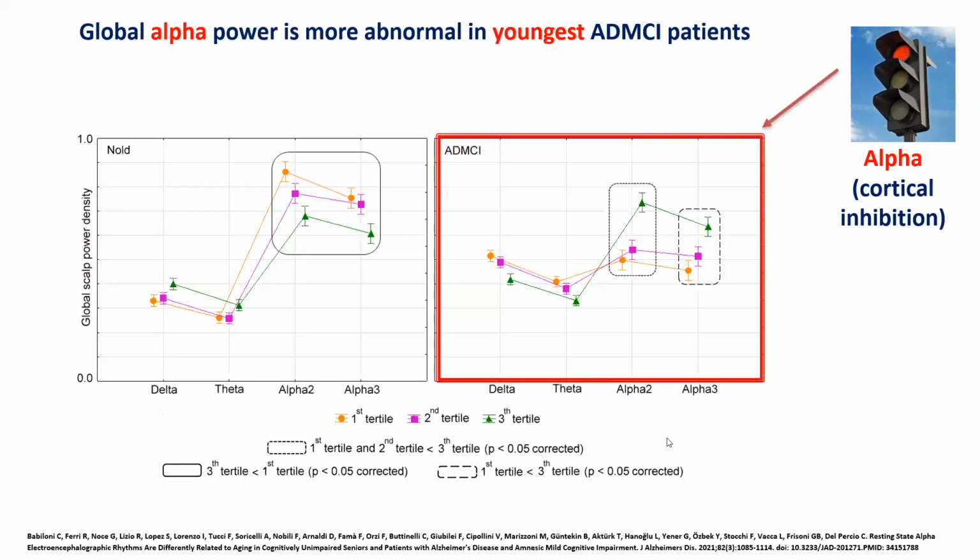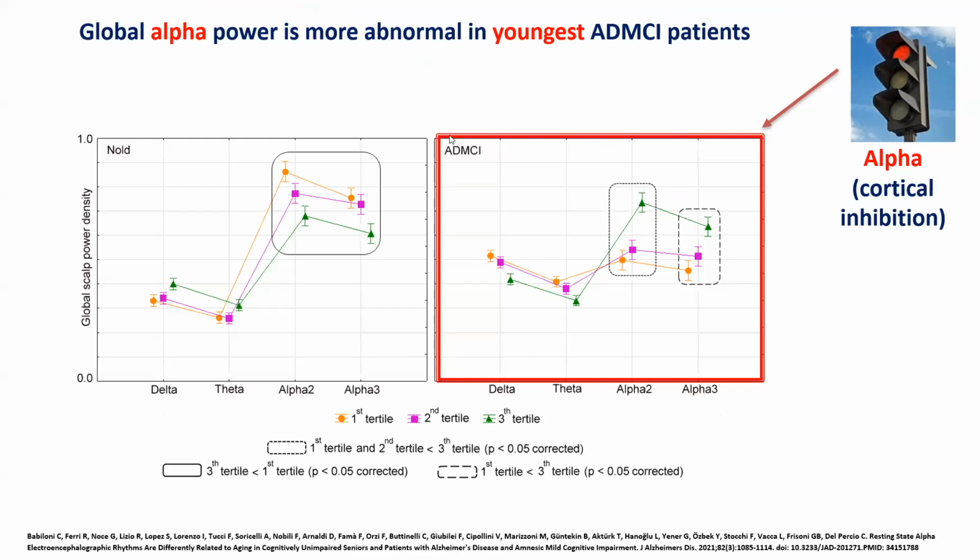Another important aspect is that these abnormalities in the resting state EEG rhythms are dependent on age of the old people with Alzheimer's disease and mild cognitive impairment.